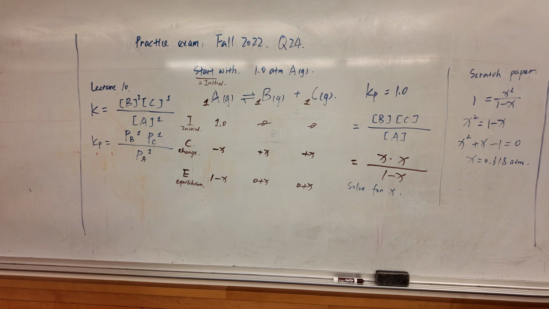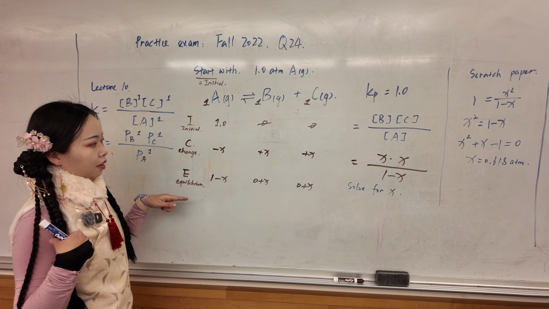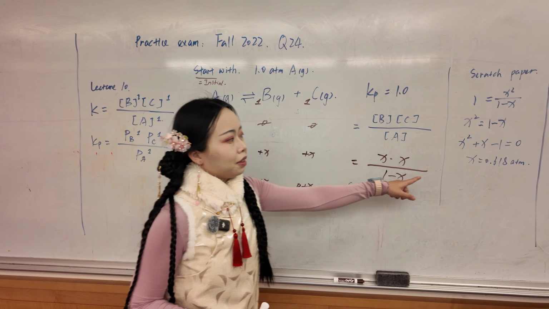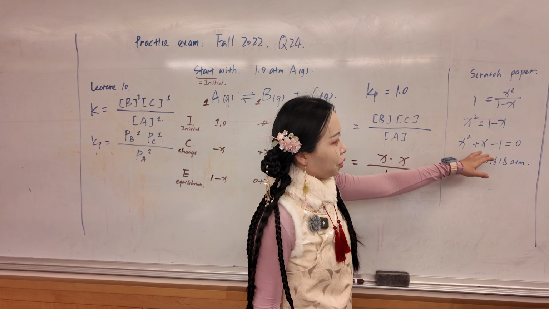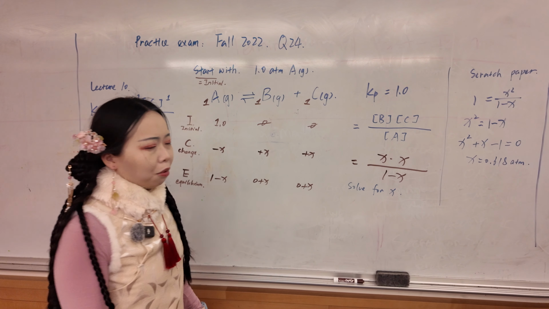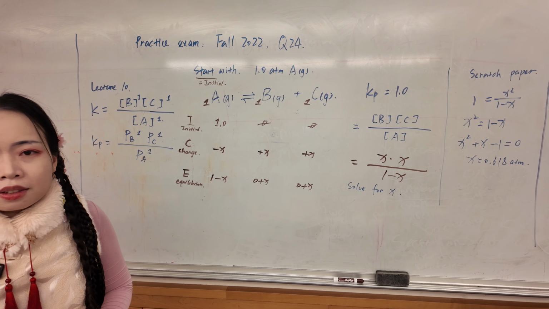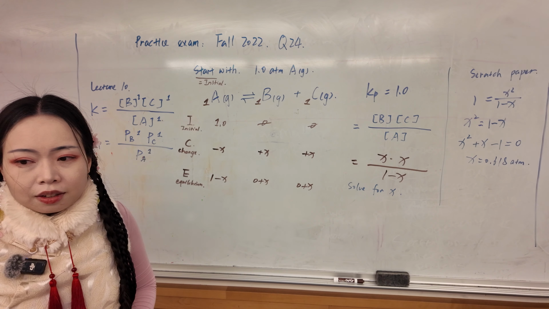Okay, once we have the x, I'll just show the x on the board. That's on your scratch paper, okay? If you're up to here, I think it will give a lot of partial points on the exam. Or I think your calculator should do that for you, right? It's like a multiple choice option.